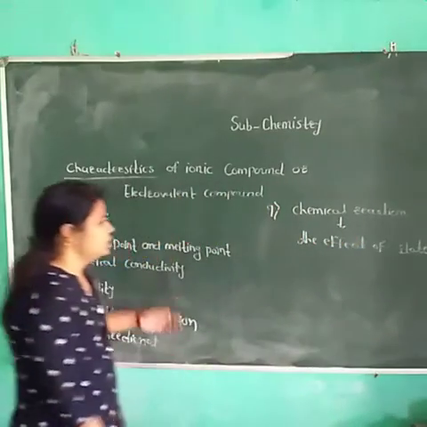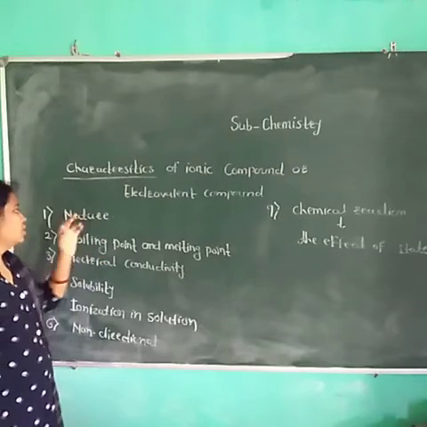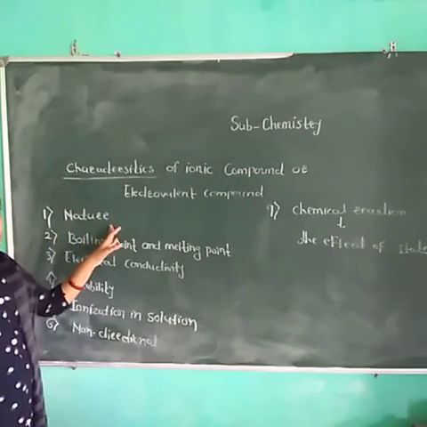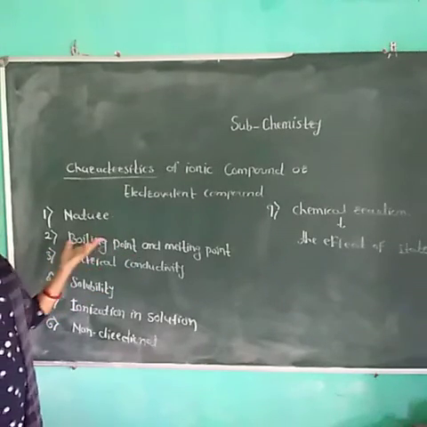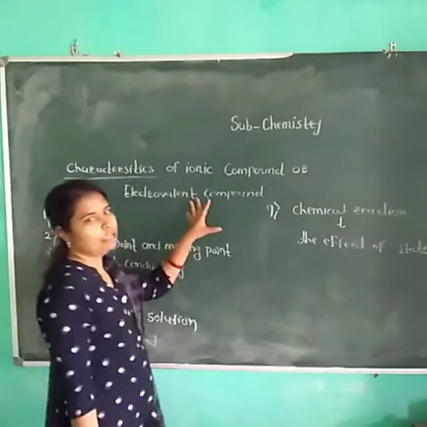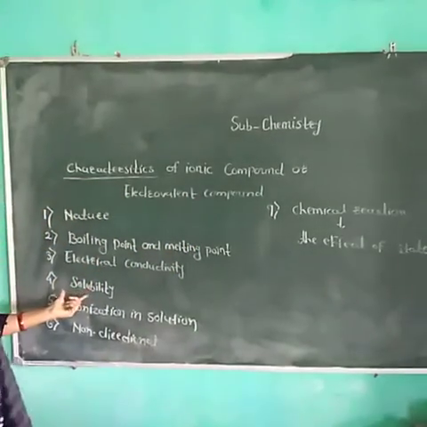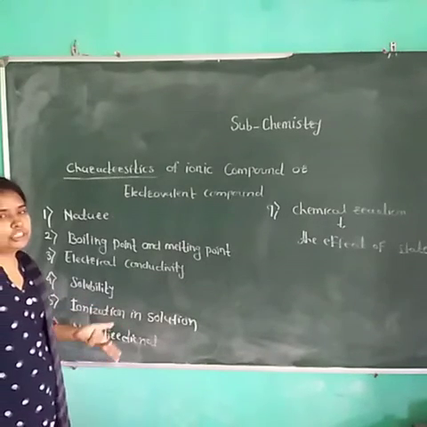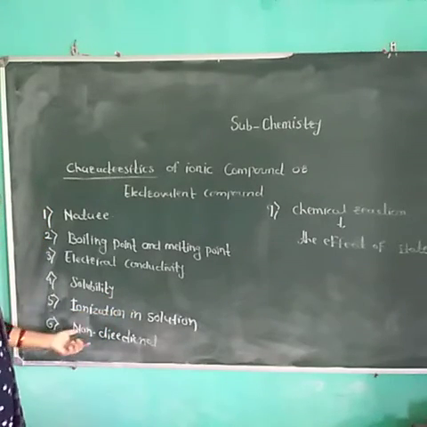So these are the main characteristics of the ionic compound, also called the electrovalent compound. The first is the nature of that particular ionic compound. The second is the boiling point and melting point. The third is the electrical conductivity. Fourth is the solubility. Fifth is the ionization in solution. What is meant by the ionization process and what is its main definition? Sixth is non-directional.